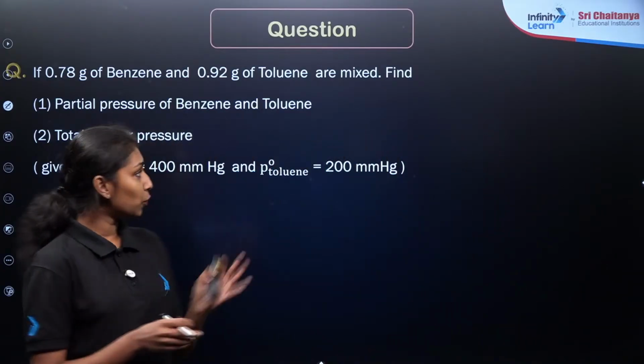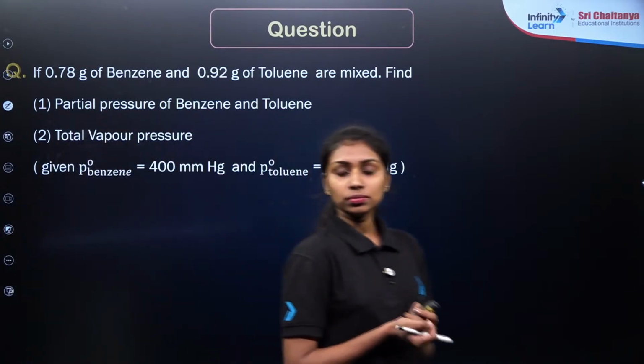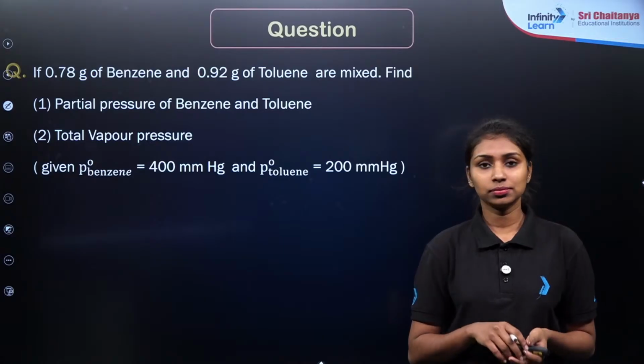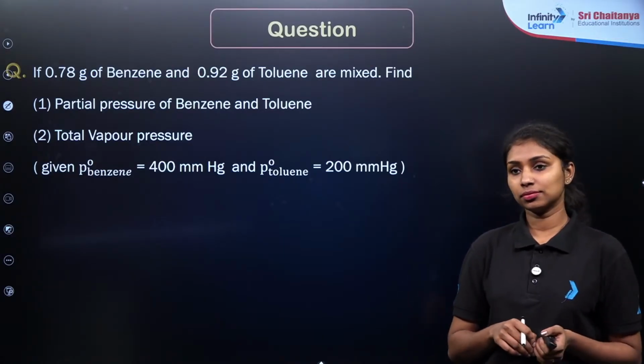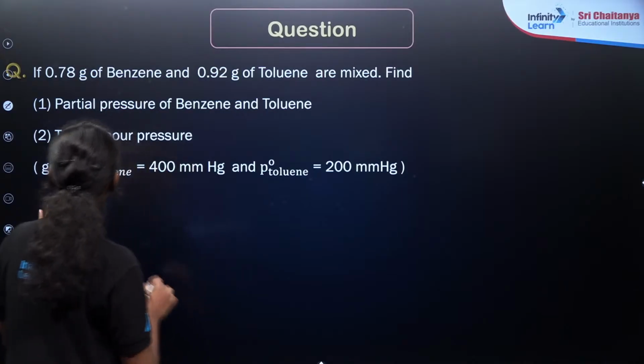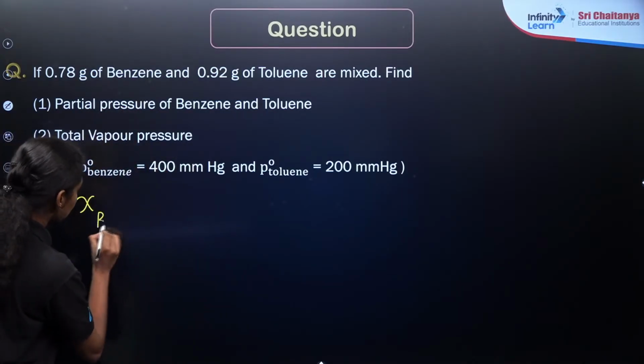Okay, what will be the answer for the first question, the partial pressure of benzene and toluene? What is the first step? You have to find the mole fraction of benzene, right? Mole fraction of benzene.